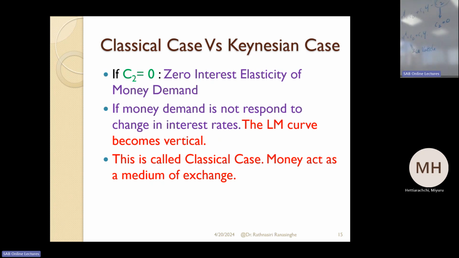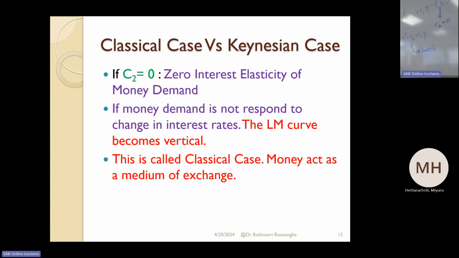If you take Y in terms of the other variables, Y equals the money supply minus C0, divided by C1. So this is the money market equilibrium.